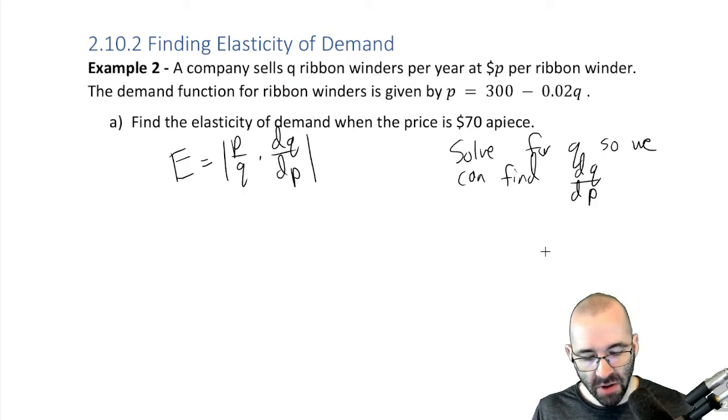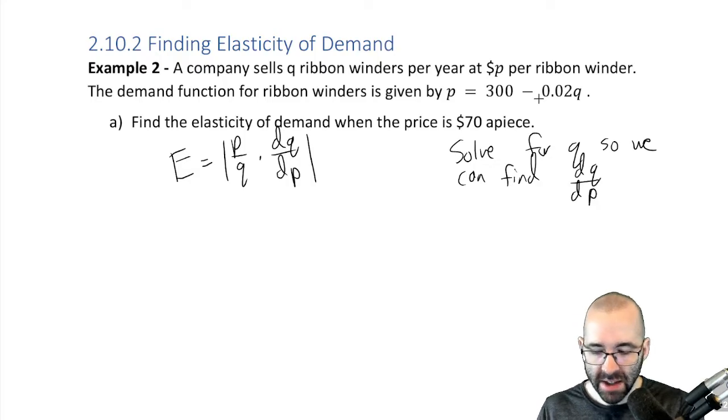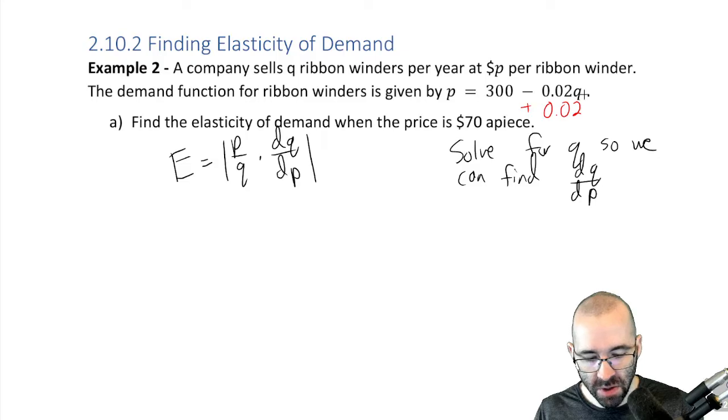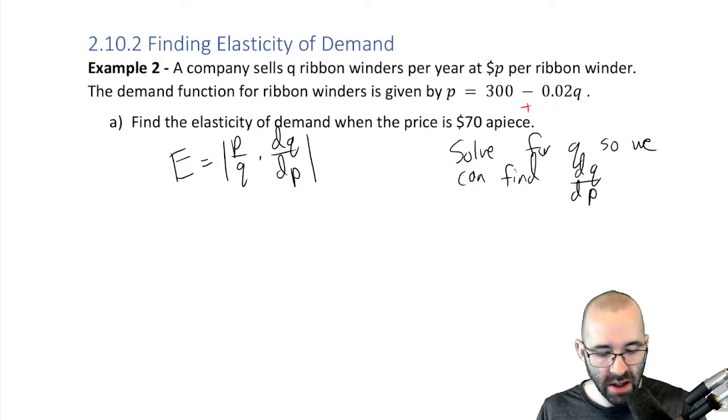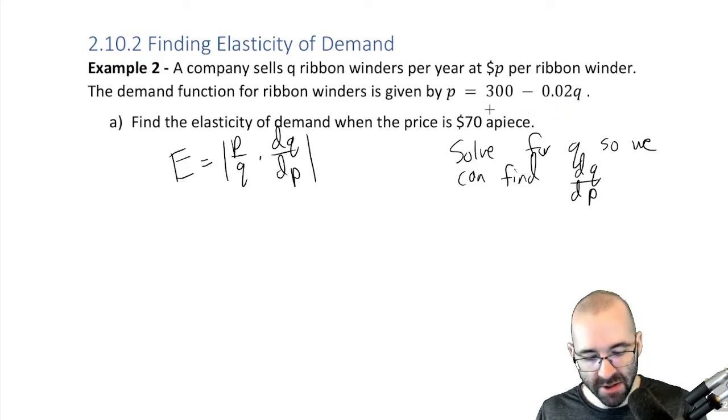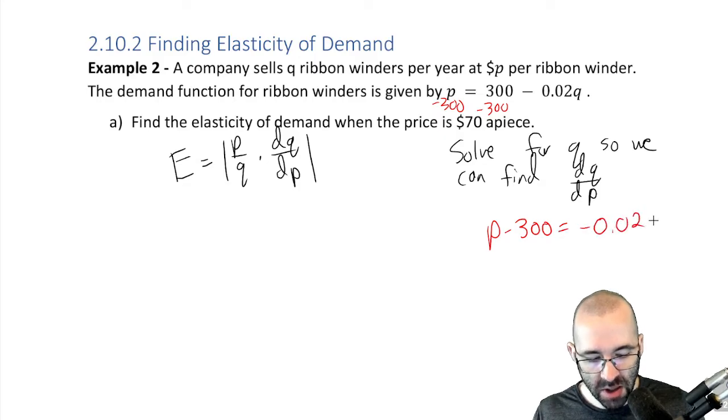All right, so let's solve for Q. We need the Q by itself. Let's just subtract 300 from both sides. When we do that, we get P minus 300 equals negative 0.02 Q. Divide by negative 0.02.